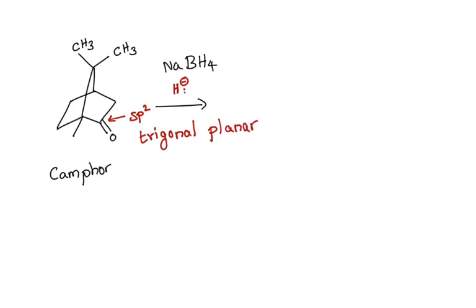So it's a plane. The nucleophile hydride can come from the top of the plane or from the bottom of the plane. There are two types of attack. They're both possible. So you get two possible products. They are isomers to each other, right?